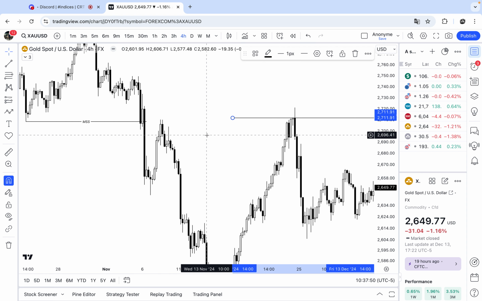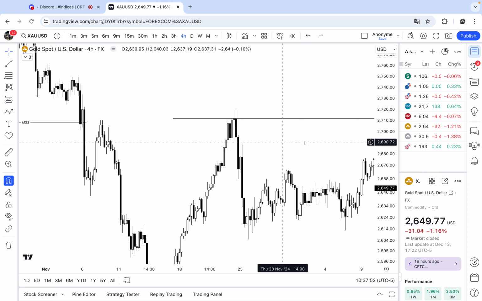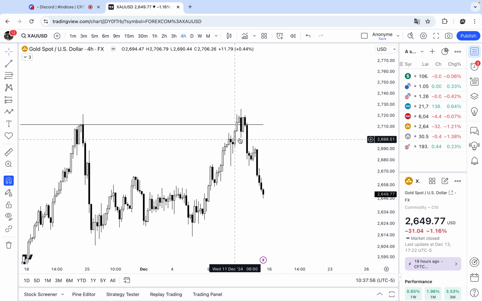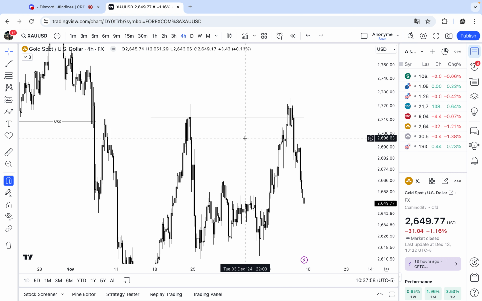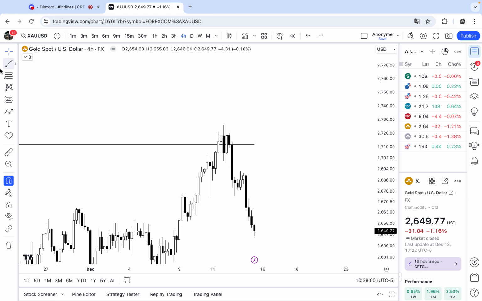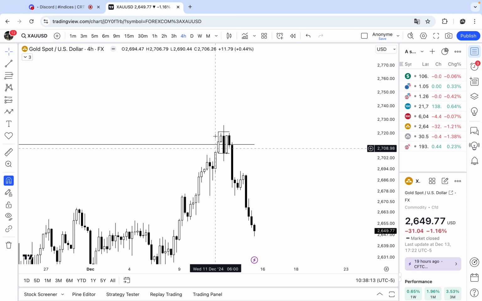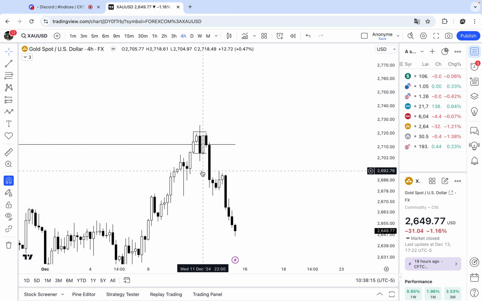For me, this is not an entry, but in this case, you got a CRT, which is this one. This is a CRT. So you got the CRT right at the purge.